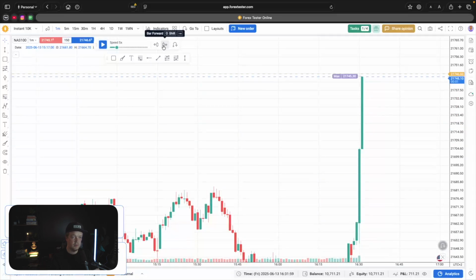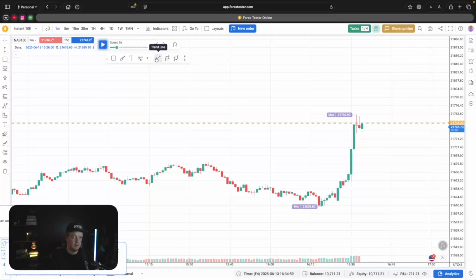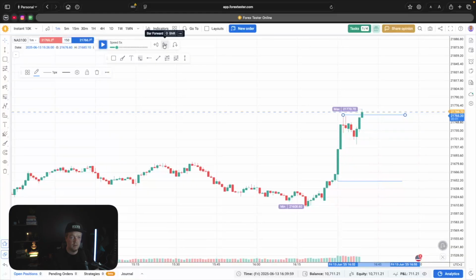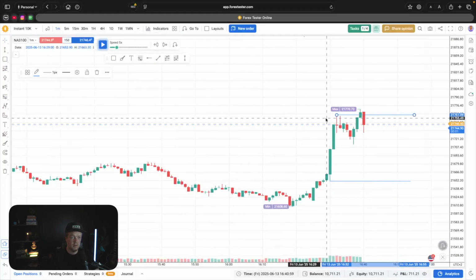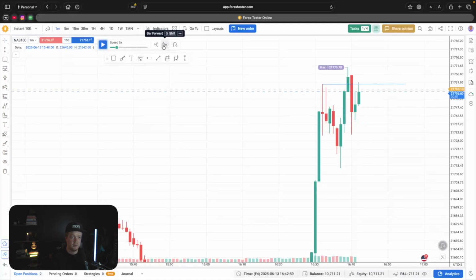1, 2, 3, 4, 5. There's the low. There's the high. It's still inside of the range.